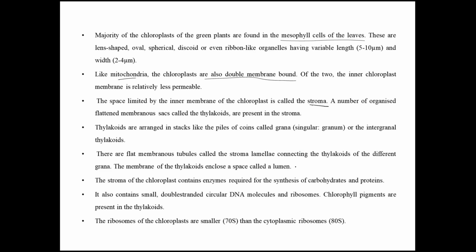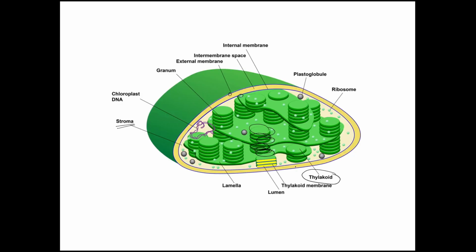There are flat membranous tubules called stroma lamellae connecting the thylakoids of different grana. Right, you can see that there is this lamellae connecting the grana. There is one, there are two, and both are connected by lamellae.